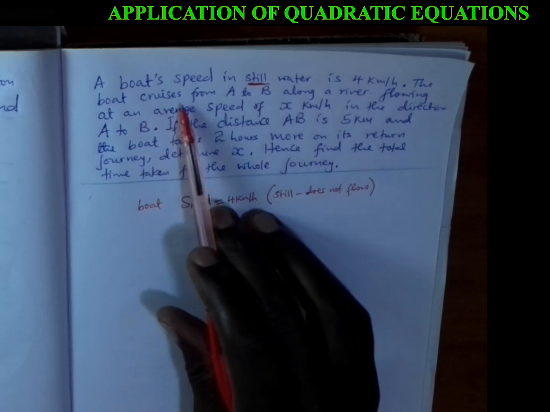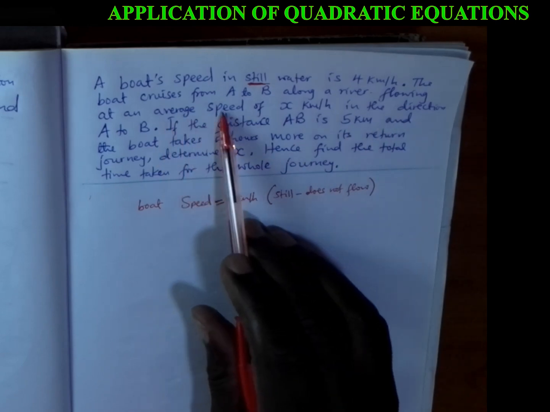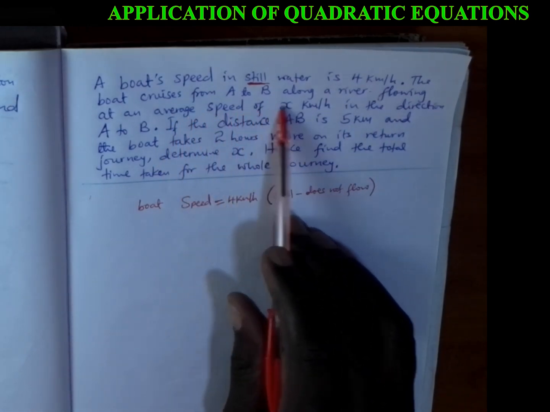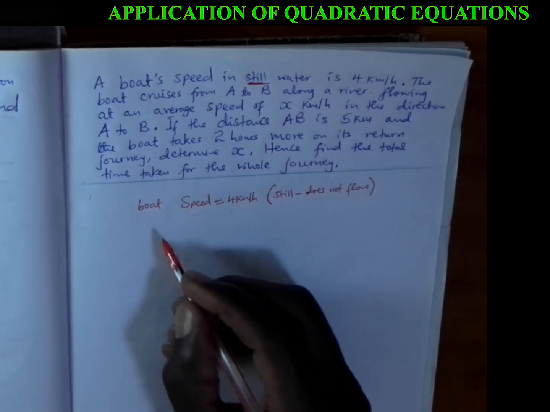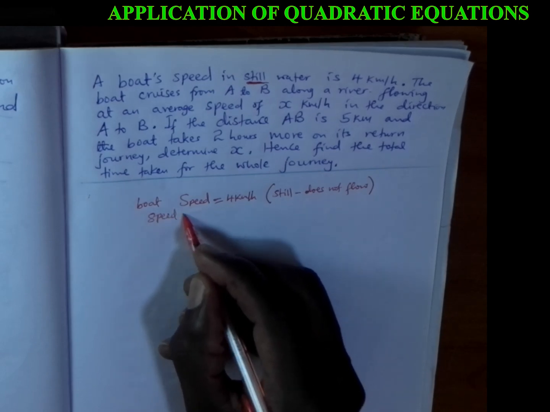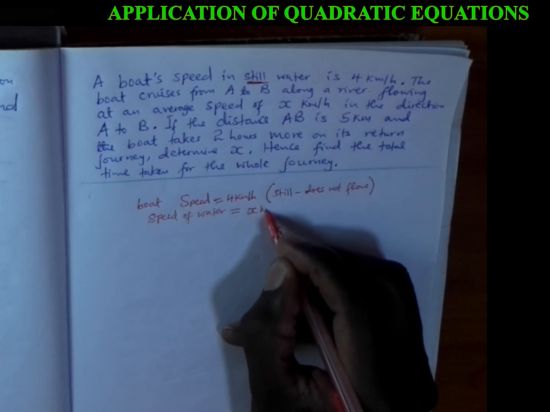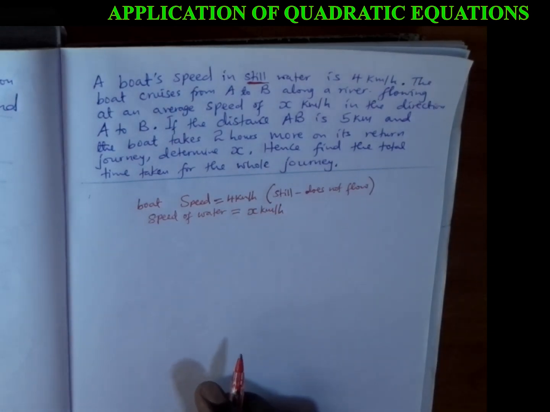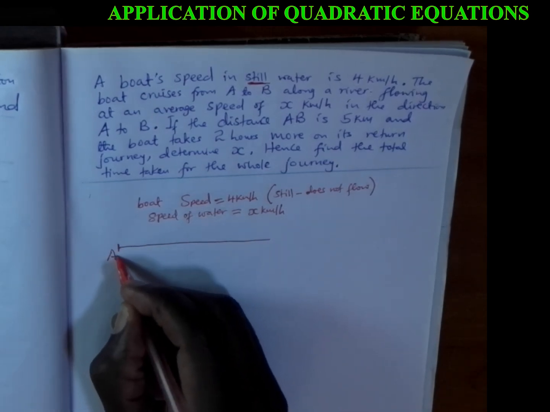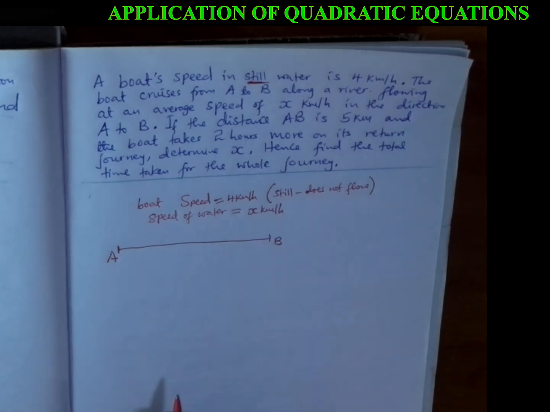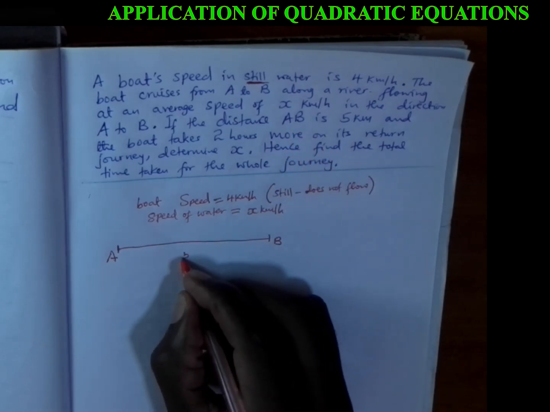And it cruises from A to B along the river. And the speed of the water in that river is x kilometers per hour. That is the speed of water. So if we consider the river flowing from A to point B, the distance of A to B is 5 kilometers.